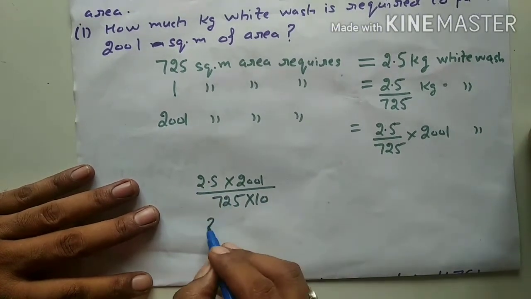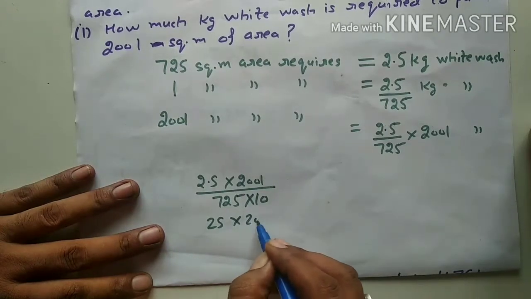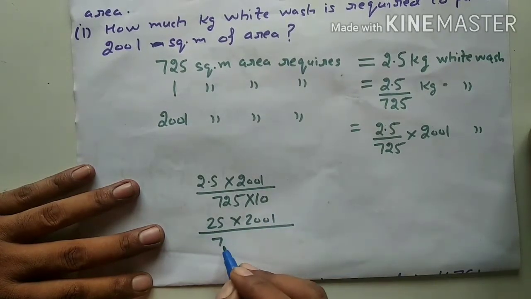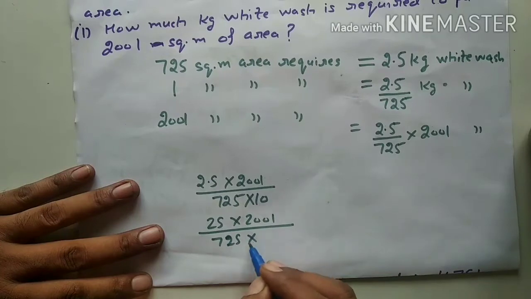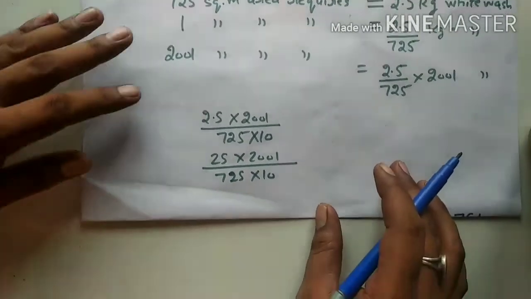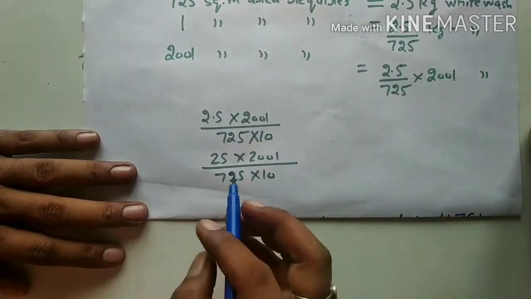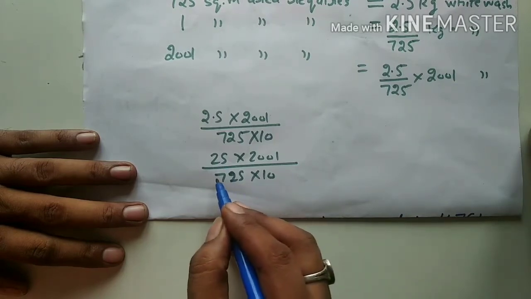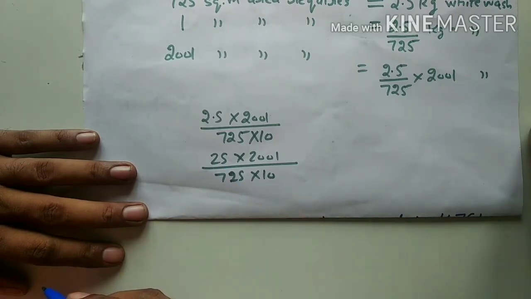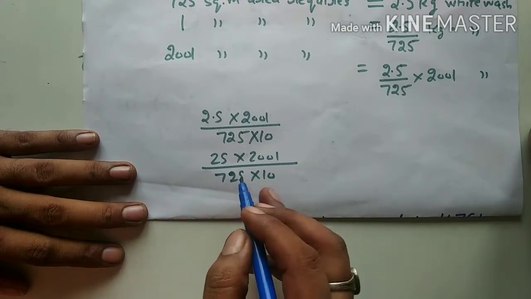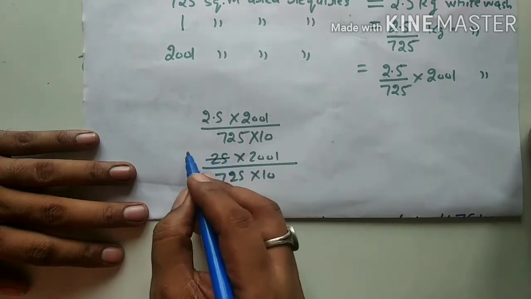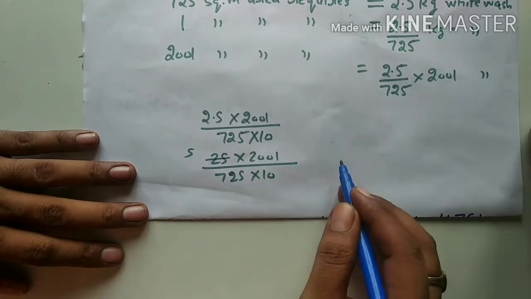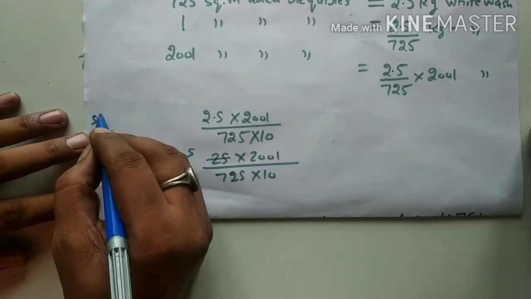So I can write this as 25 times 2001 over 725 times 10. Okay student, now 25 and 725 are both divisible by 5. Okay, so I will divide: 5 5s are 25 and I will divide this 725 by 5.